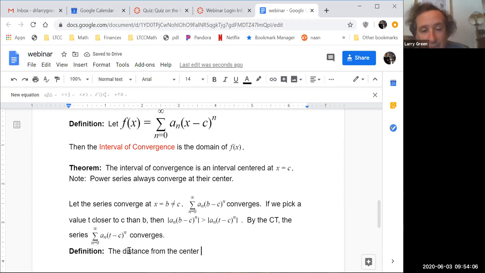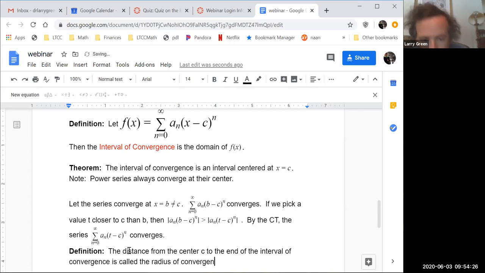The distance from the center c to the end of the interval, and either end because c is in the middle, of convergence, is called the radius of convergence. Let's make that in red.